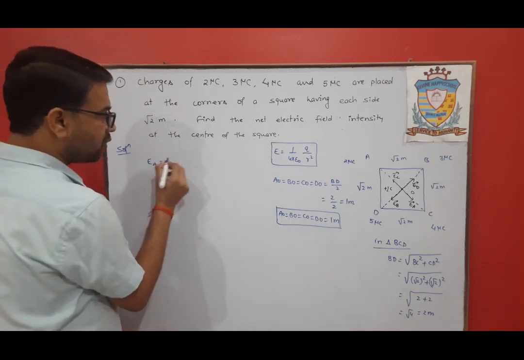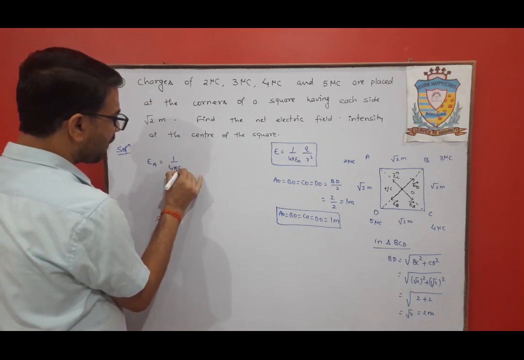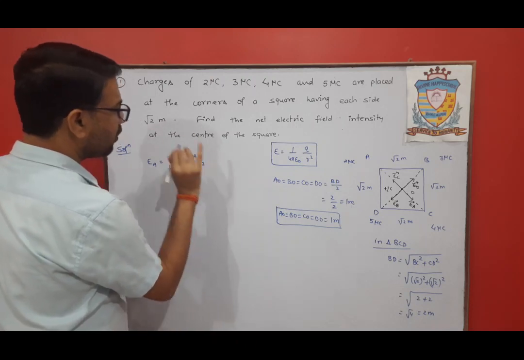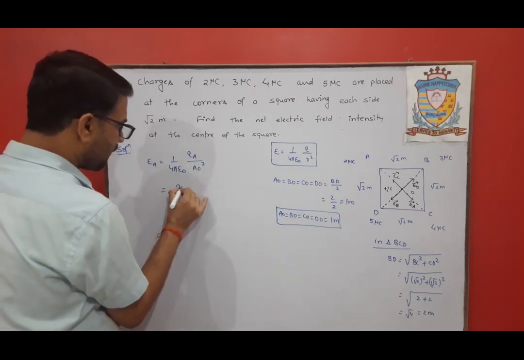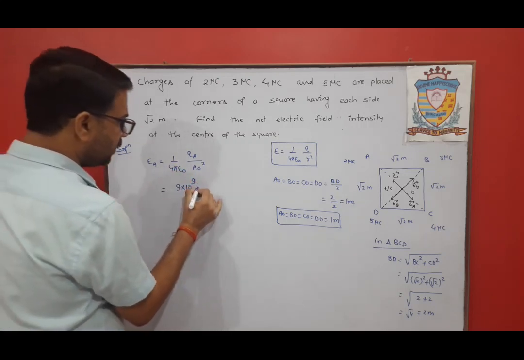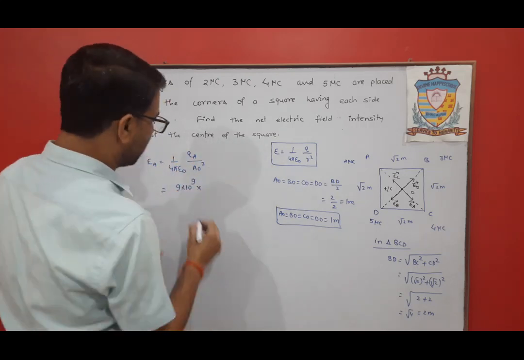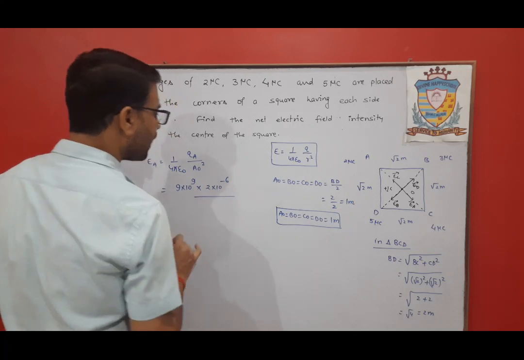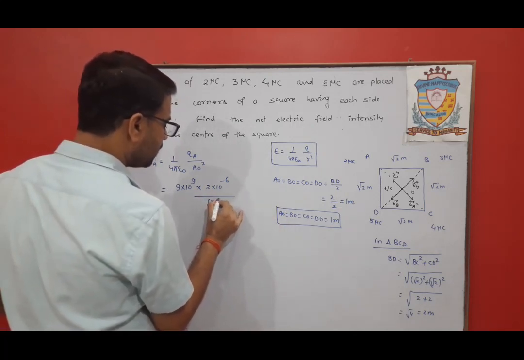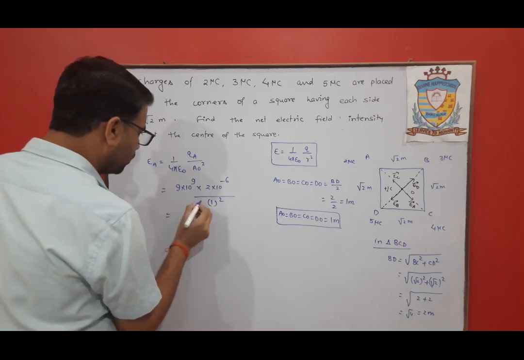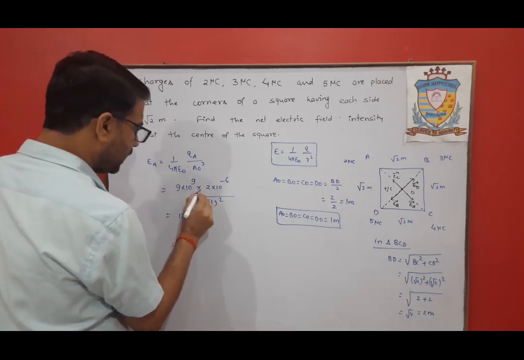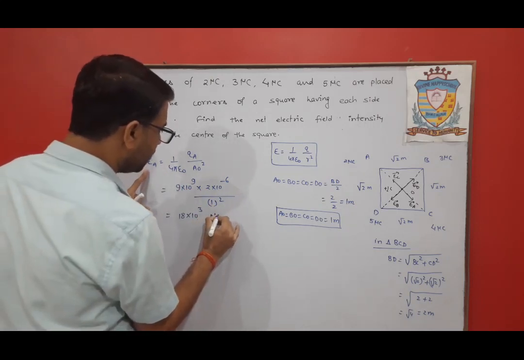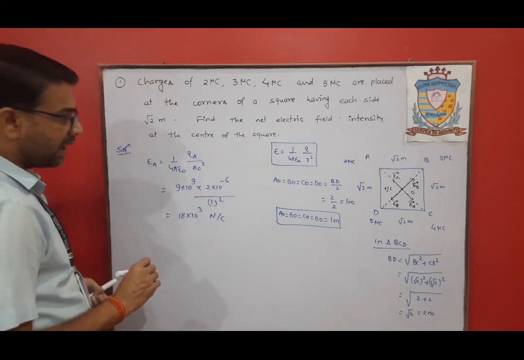Now EA is equal to 1 upon 4 pi epsilon naught QA upon AO square, which is 9 into 10 to the power 9 into 2 into 10 to the power minus 6 upon 1 square, in meters. So this is 18 into 10 to the power 3, and the unit of electric field intensity is Newton per coulomb, force by charge.